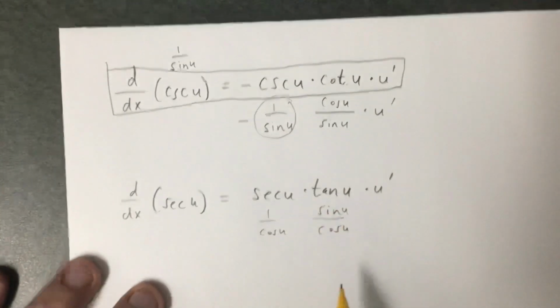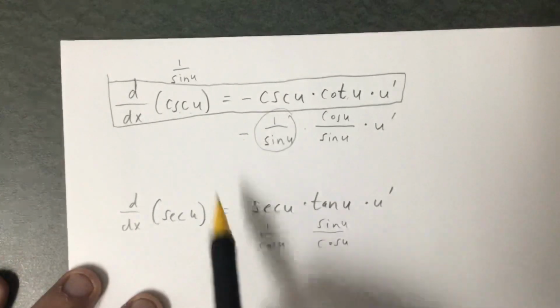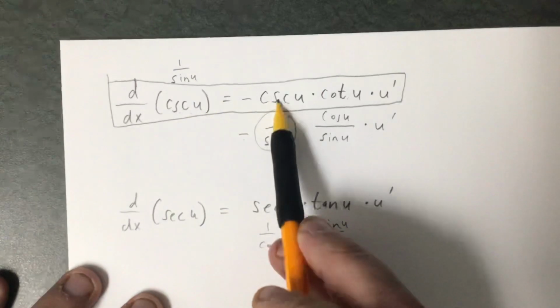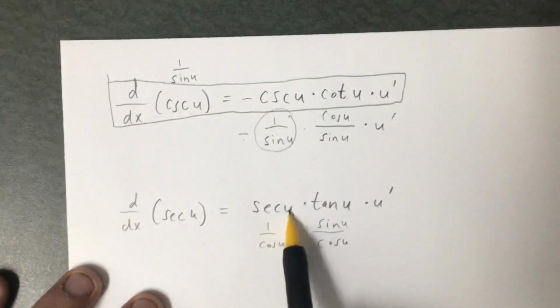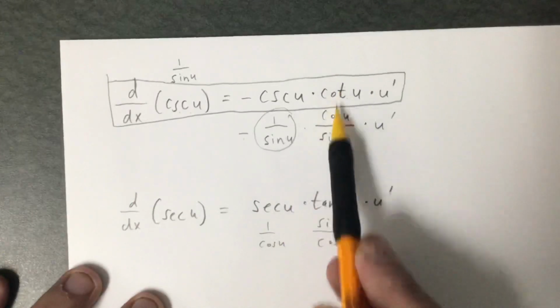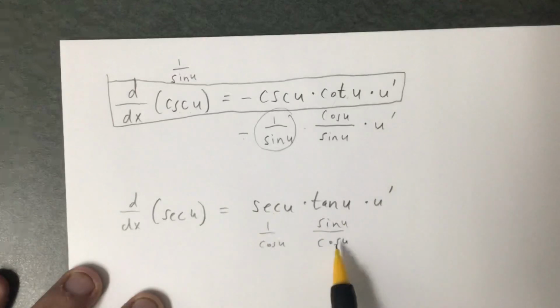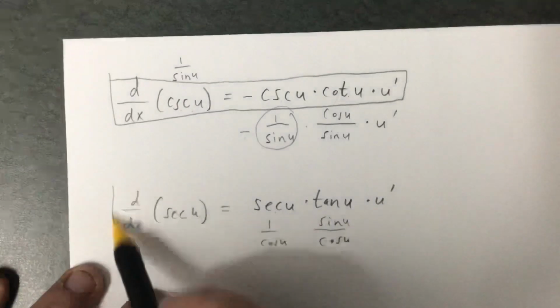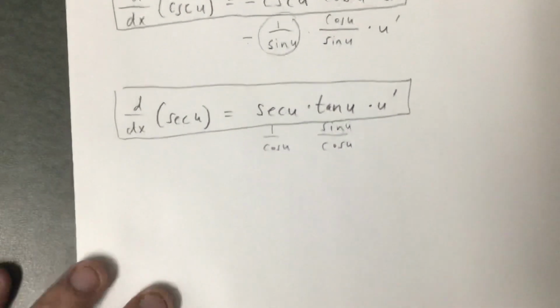So that's why I memorized those. You have to remember there's a negative with the cosecant, and there's not a negative with this. So the cosecant is just negative cosecant. The secant is just a straight up secant. And then we got cotangent because I know the sine's on the bottom from this, and we got tangent because I know the cosine's on the bottom from this. And then we always have our times u prime. That's just from our chain rule.